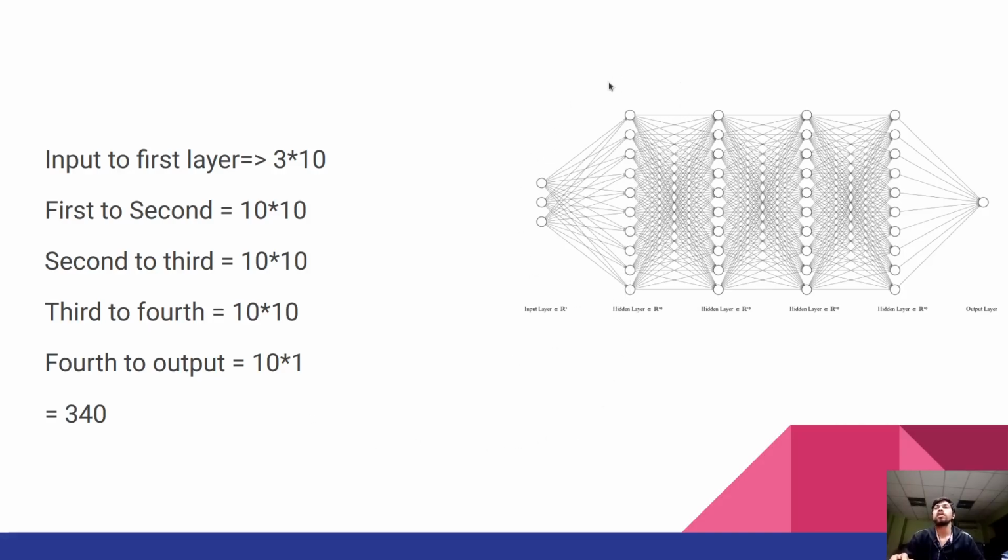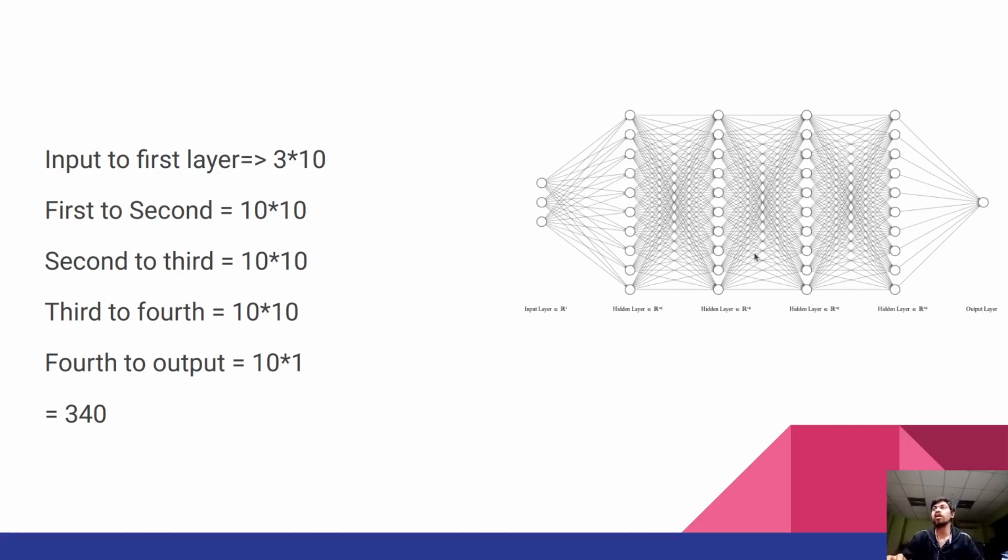Then from the first hidden layer to the second, there are 10 nodes here and 10 nodes there, with a connection from every node to every node. So it is 10 into 10, 100 weights. Similarly for the next part, 10 nodes here, 10 nodes here, fully connected, so 10 into 10, 100 weights.